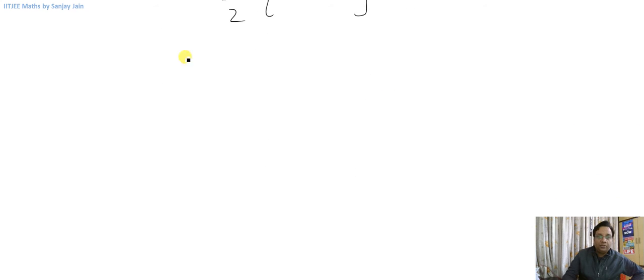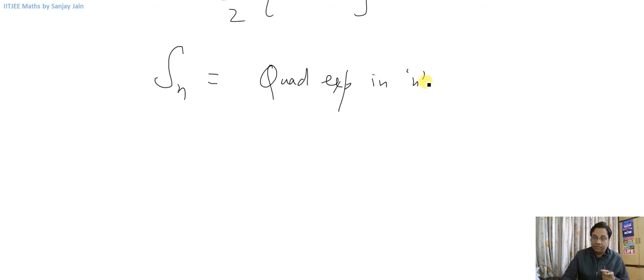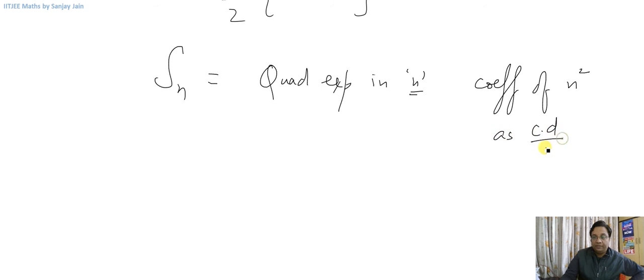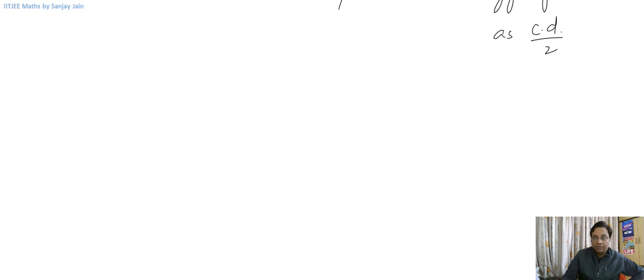Then we spoke about the Sn being a quadratic expression in n. It is a quadratic expression in n with constant term as 0, right, and with coefficient of n square as half of common difference. This is what we talked about.